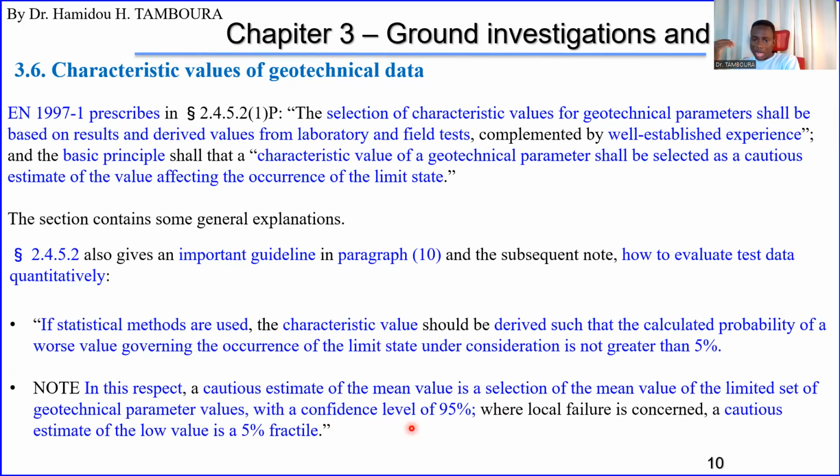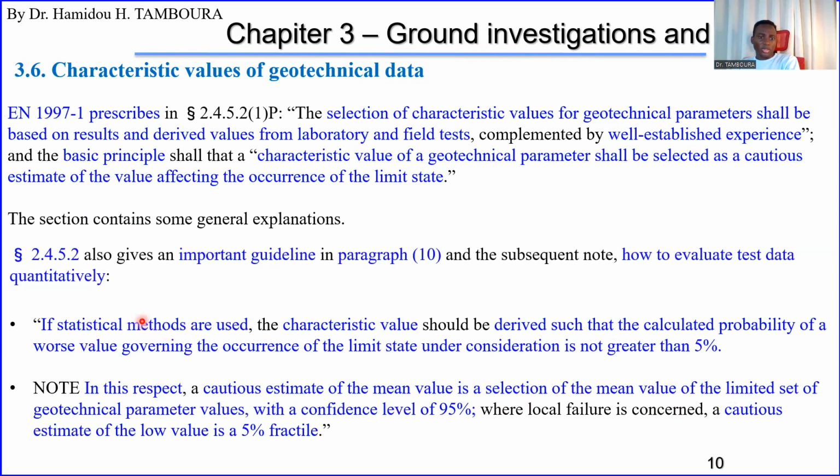You should be sure at 95% that what you are doing will not reach the ultimate limit state, where local failure is concerned. Also, a cautious estimate of the low value is a 5% fractile.